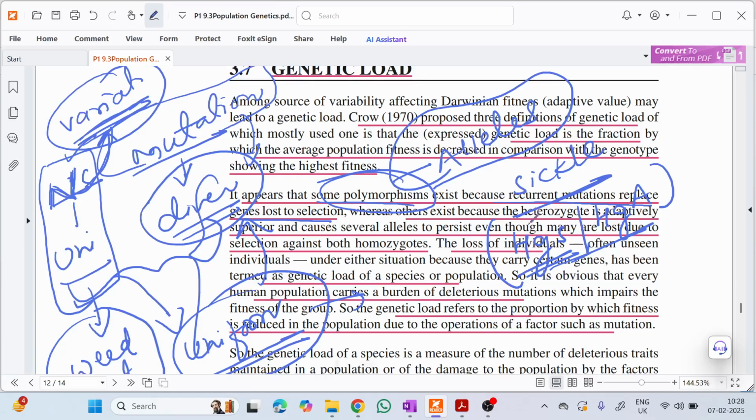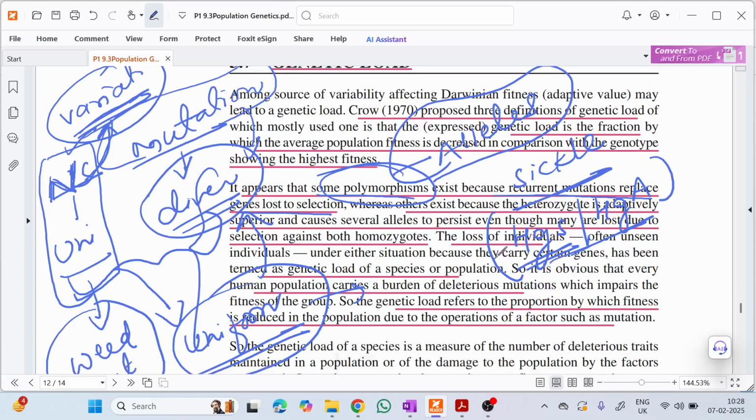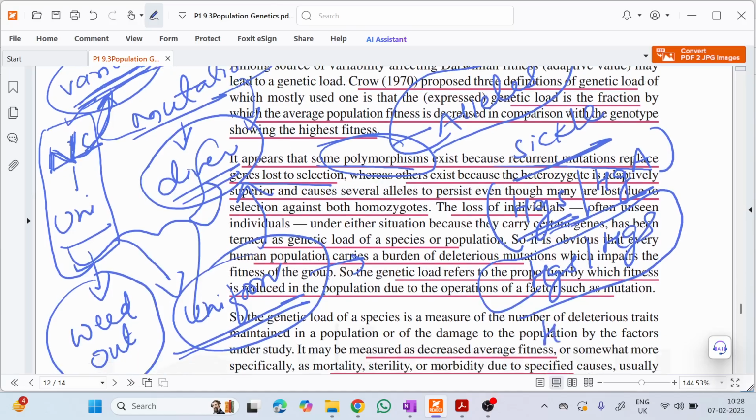And then the three variations, the homozygous dominant, the heterozygous dominant and the homozygous recessive, these three variations, this one is homozygous dominant, then this one homozygous recessive. These three variations are polymorphism, multiple varieties of alleles.